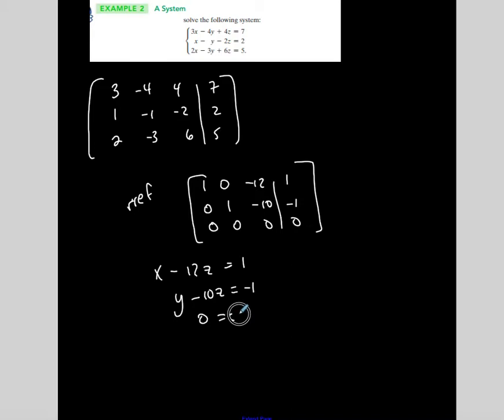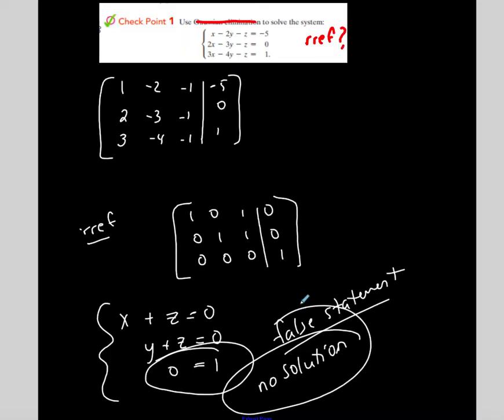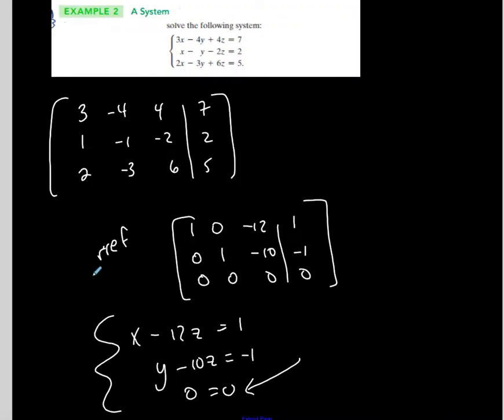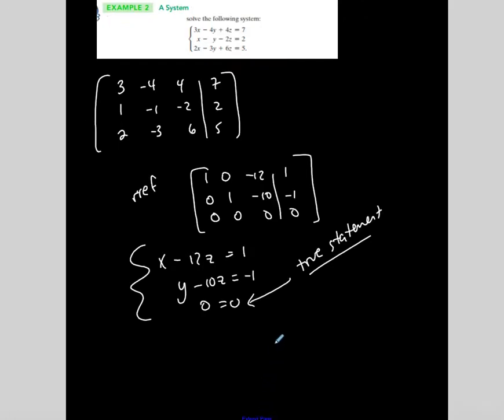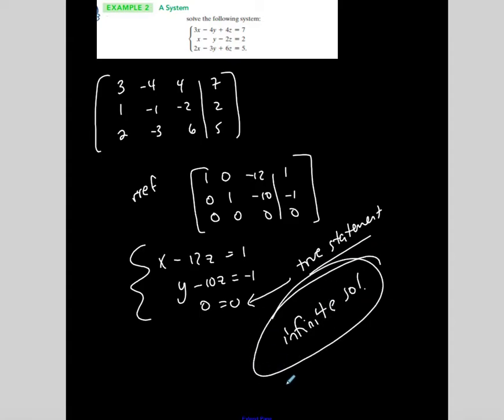I have 0 equal to 0. What the heck? So this one versus the last example's, that was a false statement. This one is a true statement. So what kind of system do I have? This has infinite solutions.